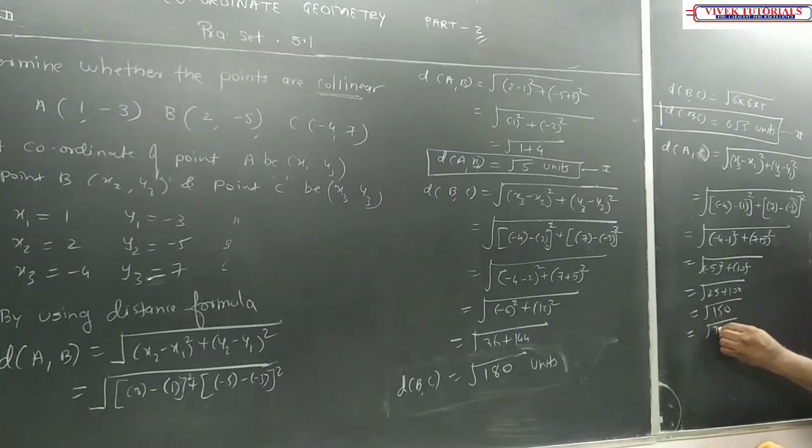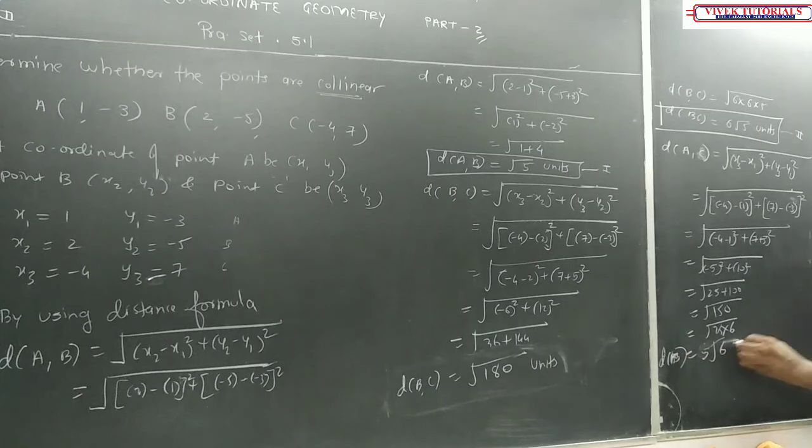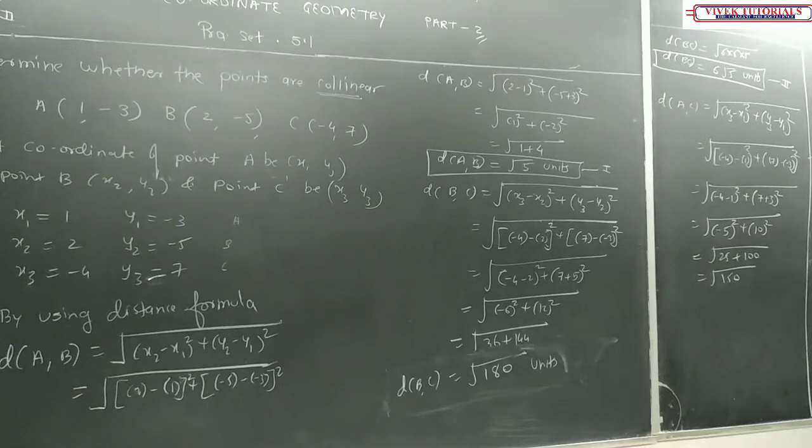That is nothing but 25 into 5. So distance AC, what I am going to do, I can write 5 into 5 into 5.